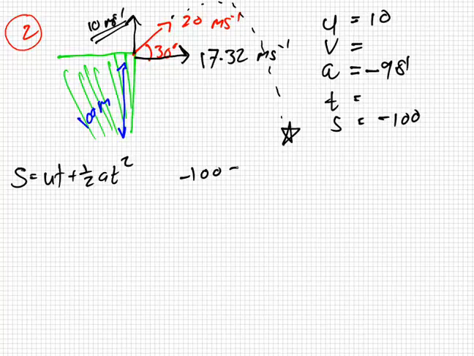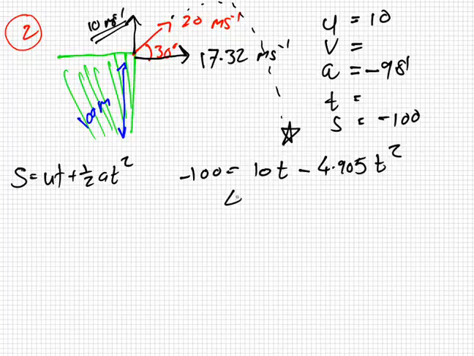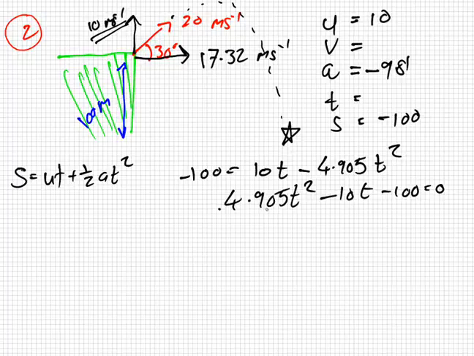Okay, so what's happening here in number 2? Cliff, and then the boy kicks it, and the angle is 30, and the speed is 20. And the hill is 100 meters.